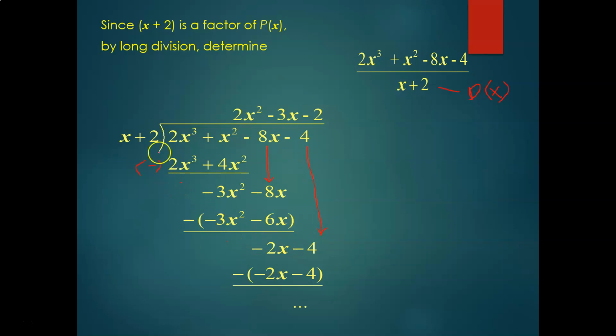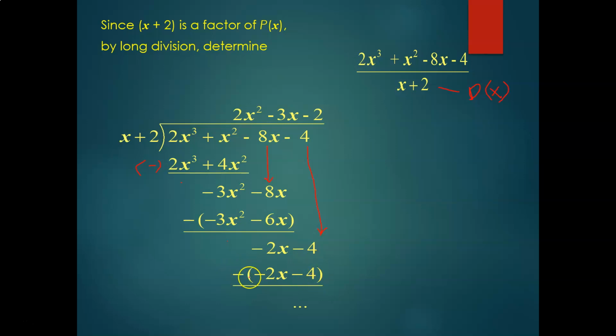Okay. So, we perform again. X times berapa dapat negative 2x? X times negative 2. So, x kali dengan negative 2 baru dapat negative 2x. So, this one you tulislah negative 2x. Dan baki dia yang ni 2 times negative 2. You get negative 4 over here.